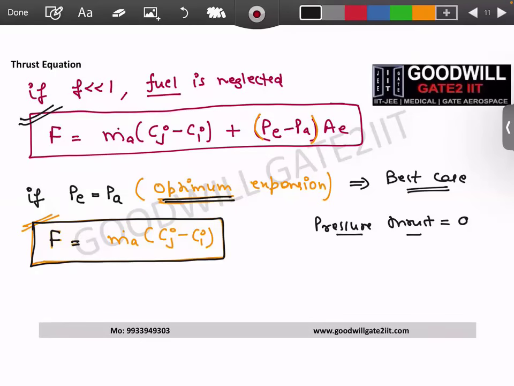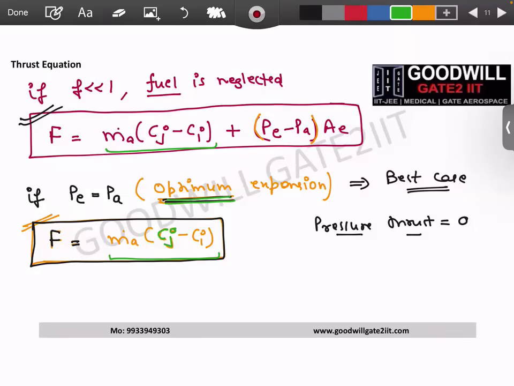Now the question arises: sir, how are you saying this thrust is maximum when one term goes to zero? Now keep one thing in mind. This term is not the same in both cases. When you have optimum expansion, the velocity at the exit is at its highest.